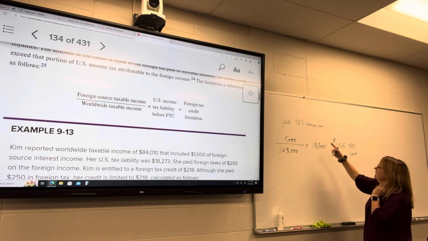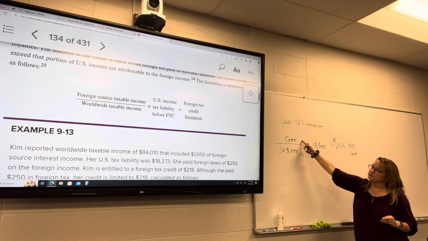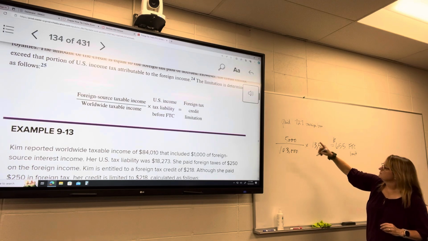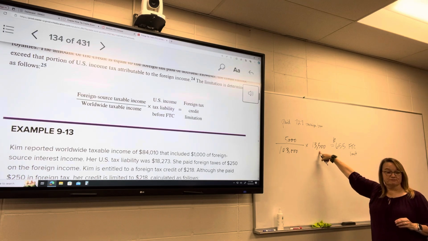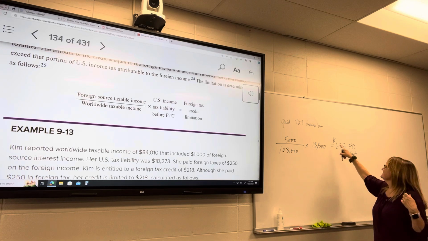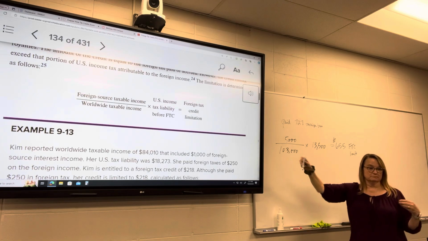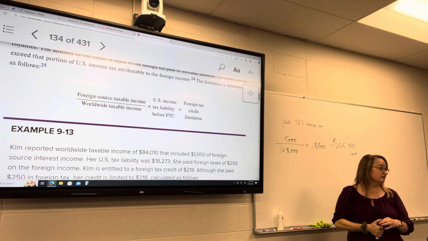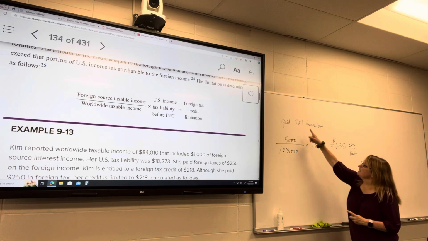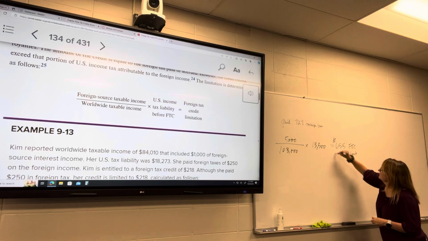So what this is saying is of that $13,500 of total tax liability that we're paying to the US, 655 of it is attributable to foreign source income. So they're going to give us a credit for that 655. We paid 727 in foreign tax. We're going to have to do the limit.